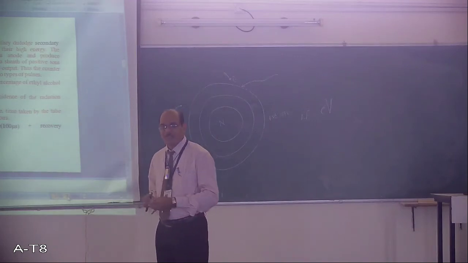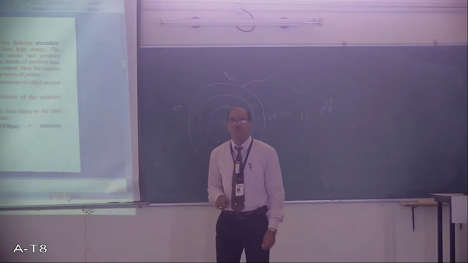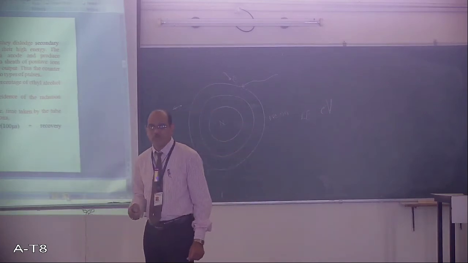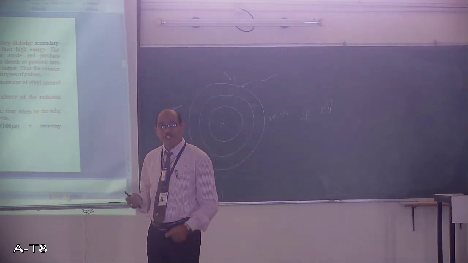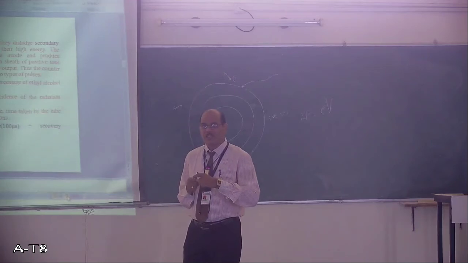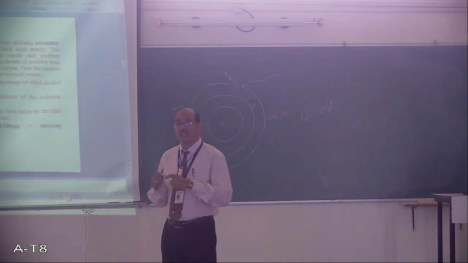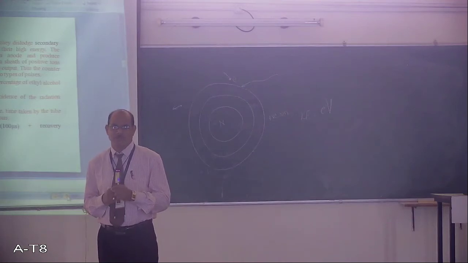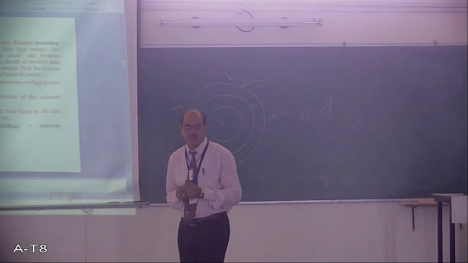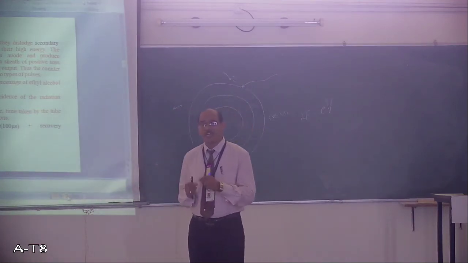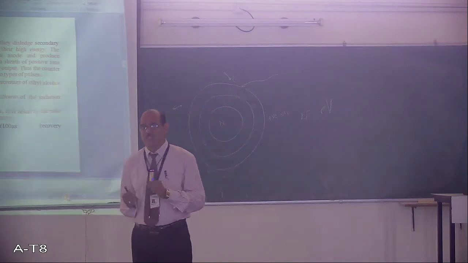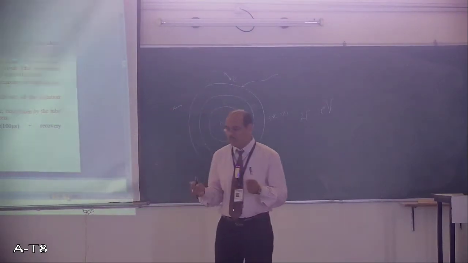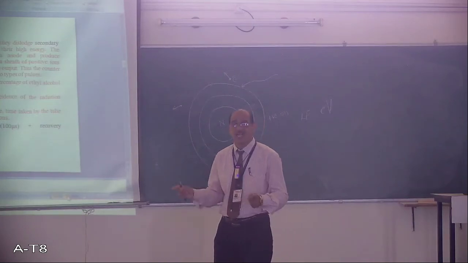But the positive ions which are moving towards the cathode, when they hit the metal surface, some electrons from the metal surface get dislodged, because metal contains free electrons. When they get dislodged, again because of the applied potential, they start moving.